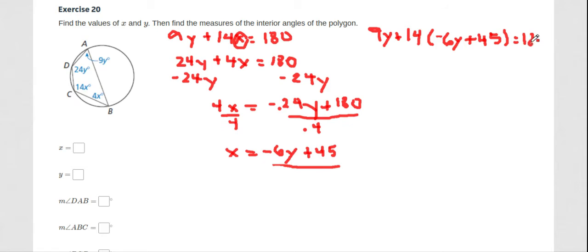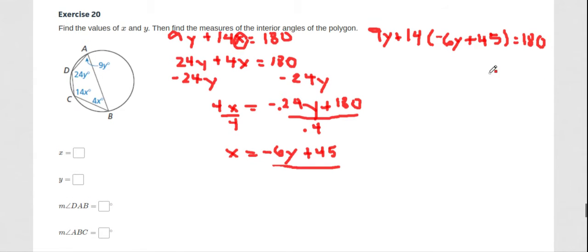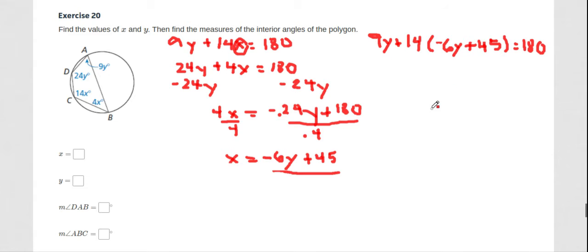And if you notice, what we end up with in this equation, after we substitute it, is that now there's only one variable in the equation, and that variable is y. So we can solve this equation for y since there's only one variable. And what I'm going to do is distribute the positive 14 to each of these terms. Still have the 9y. 14 times negative 6y is negative 84y.